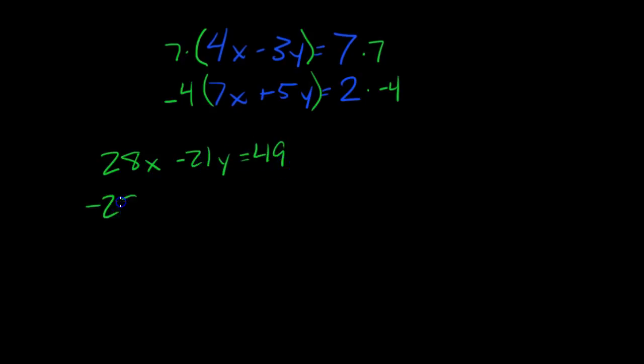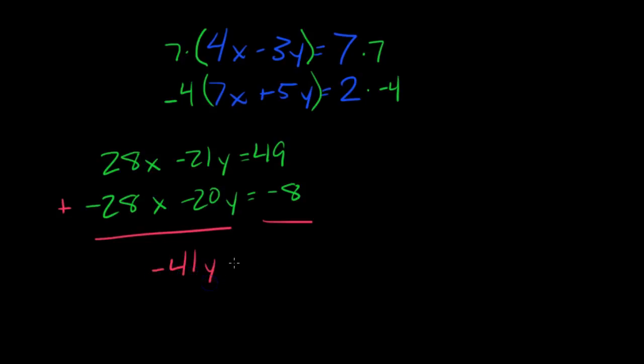And then there's negative 28x minus 20y is equal to negative 8. If I do my addition here, the x's are going to cancel out. And we get negative 41y is equal to positive 41.